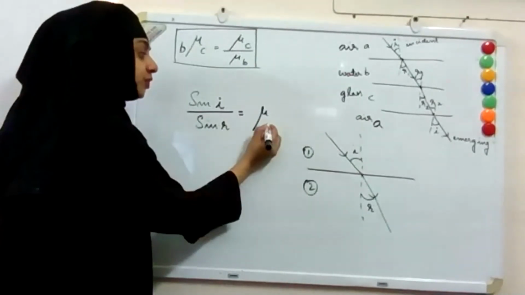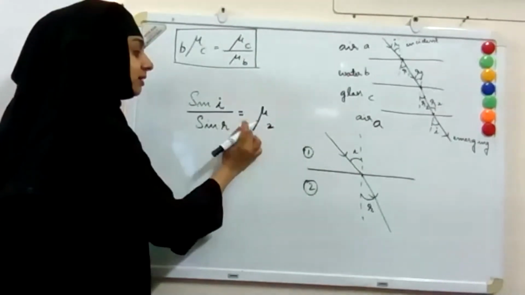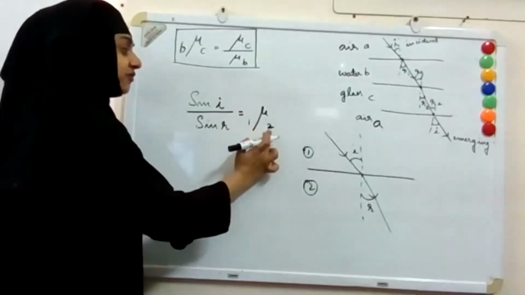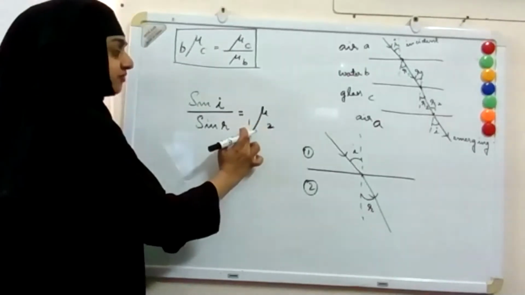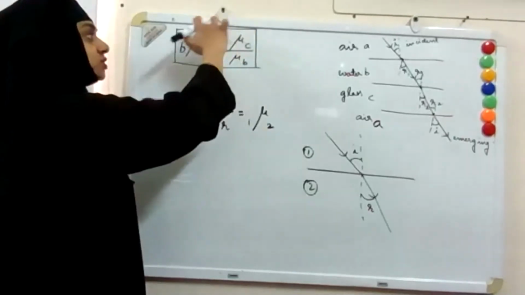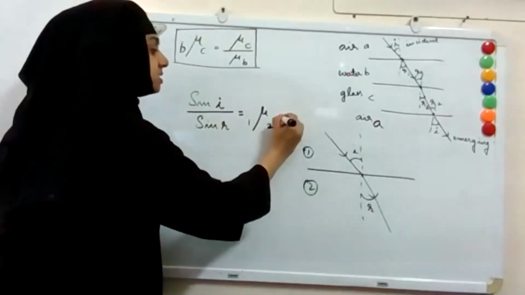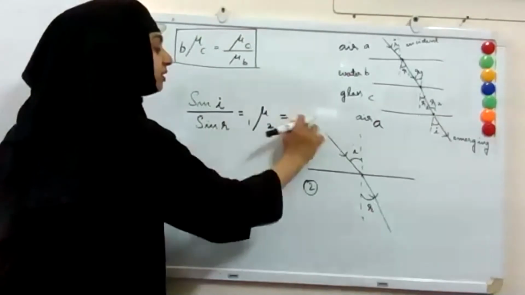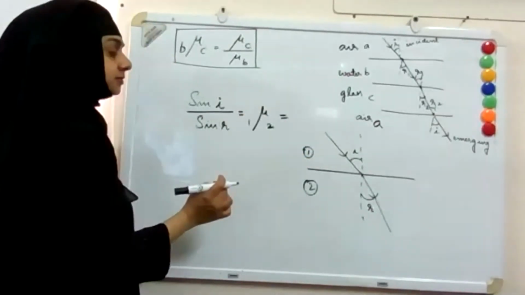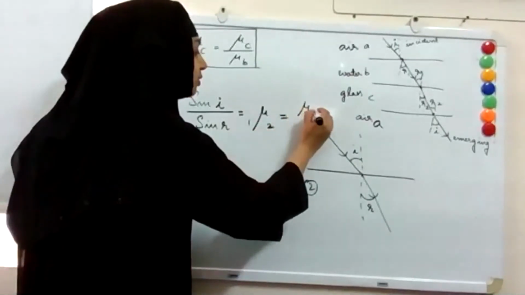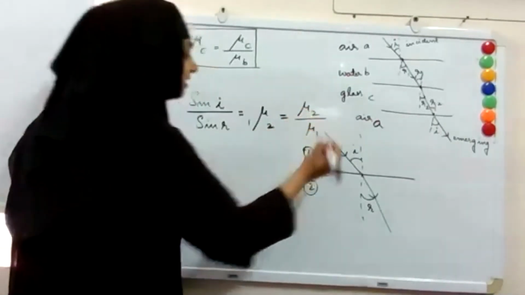Here 2, 1. So it is the refractive index of the second medium with respect to the first medium. What should I write in the numerator? Mu 2 by mu 1.